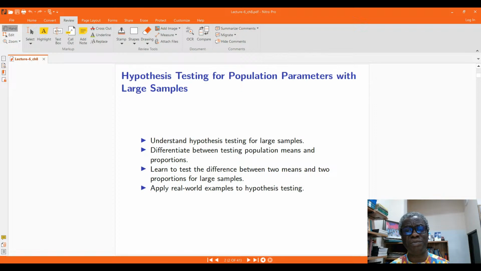Three, you will be able to conduct tests for differences between two means and two proportions, and apply hypothesis testing concepts to real-world scenarios. So these objectives will guide us through the session as we build on our statistical inference toolkit.